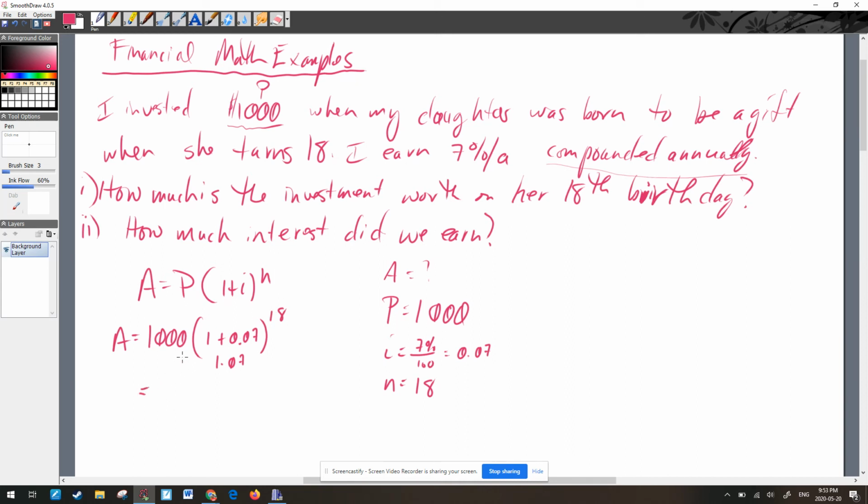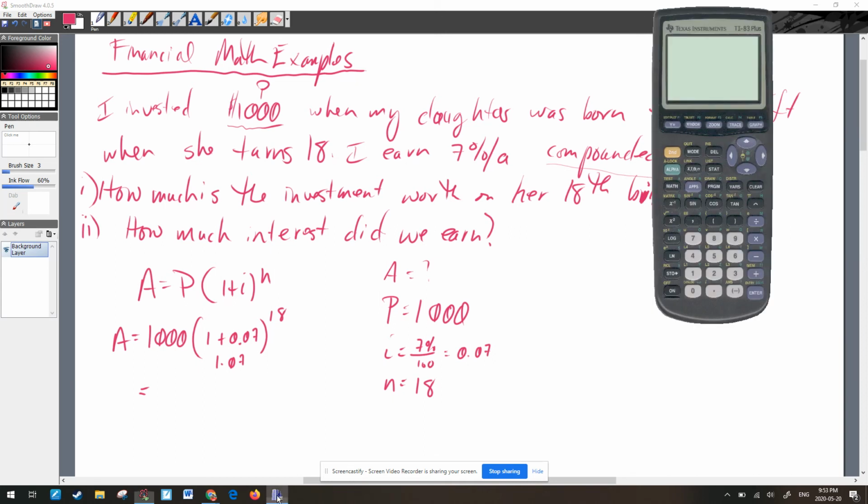So I'm going to grab my calculator and I'm going to type this in. Okay, so I'm going to say 1,000 bracket 1 plus 0.07. You can even type that in if you have brackets, otherwise just 1.07, right? To the exponent 18.